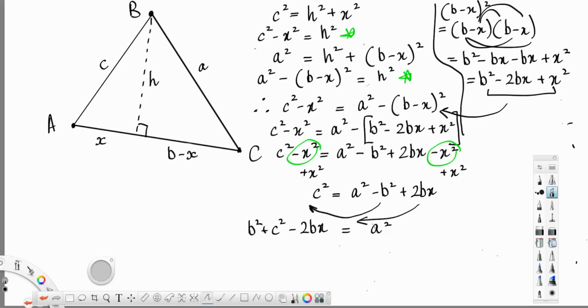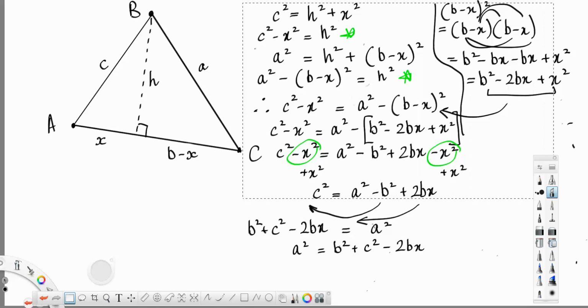Alright, and I might even flip that around and write it like this. A squared equals b squared plus c squared minus 2bx. Okay, so we're nearly there. I might just make that smaller, some of this stuff. Just to give myself a bit of room.